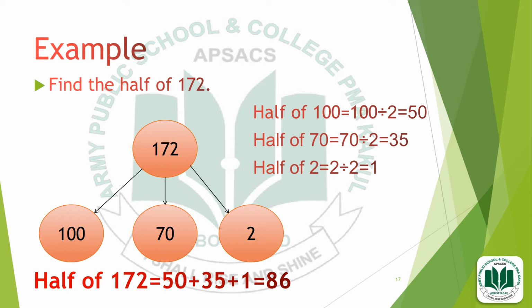And half of 2 is 1. Then we can find the half of 172 by adding these three numbers, 50 plus 35 plus 1, and it becomes 86. So 86 is the half of 172.